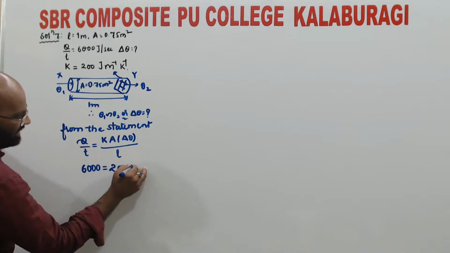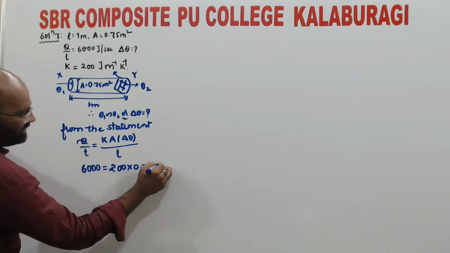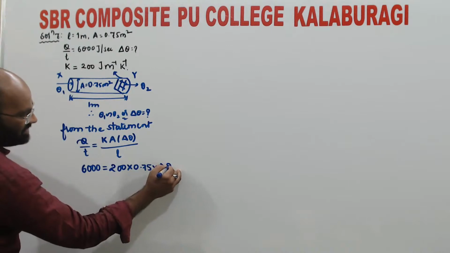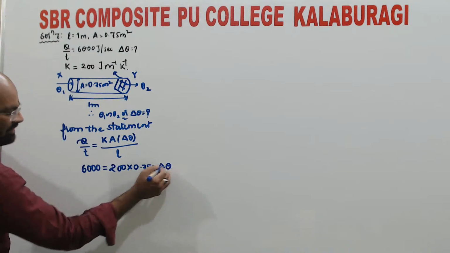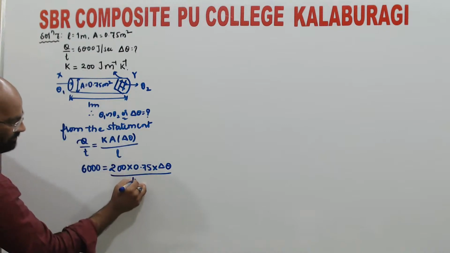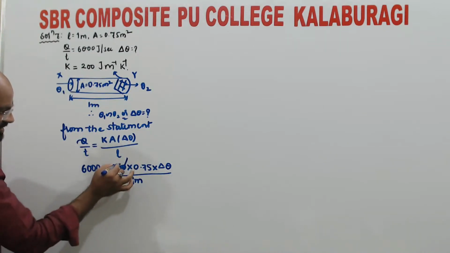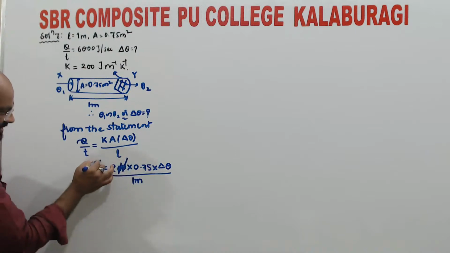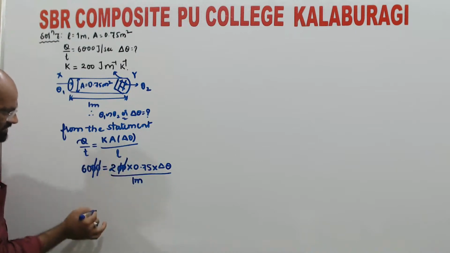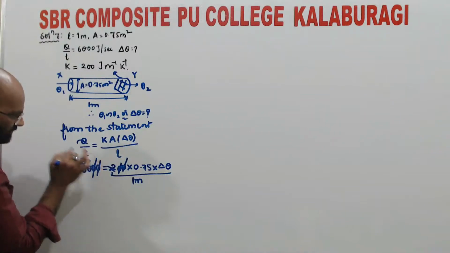into the cross-section area 0.75 into delta theta. This is the unknown value we have to calculate, divided by the corresponding length, given as 1 meter. Then you see here the 10 and this 0 will be cancelled, and here this 0 and this 0 will be cancelled. 2 ones are 2, 2 threes are 6, that is 30.